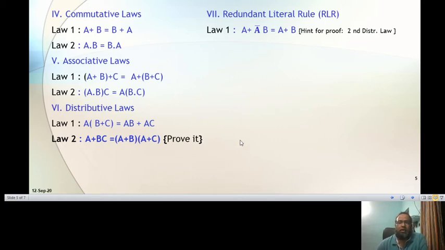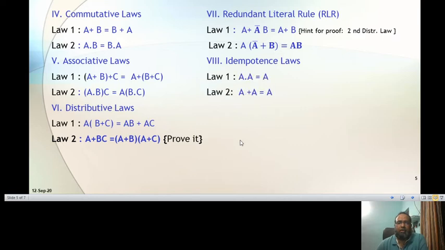Then A into A bar plus B is equal to AB. Then the idempotent laws: A dot A is equal to A and A plus A is again A. There is no A square or 2A, because A or B can take only two values, 0 and 1. Then the absorption law: A plus AB is equal to A, and A into A plus B is equal to A.